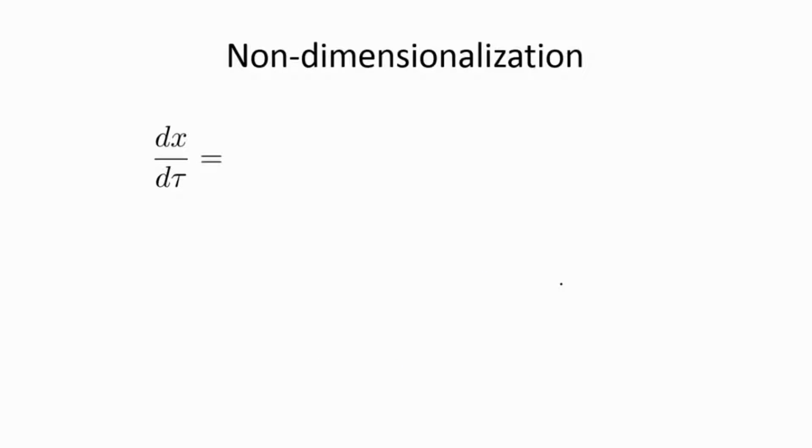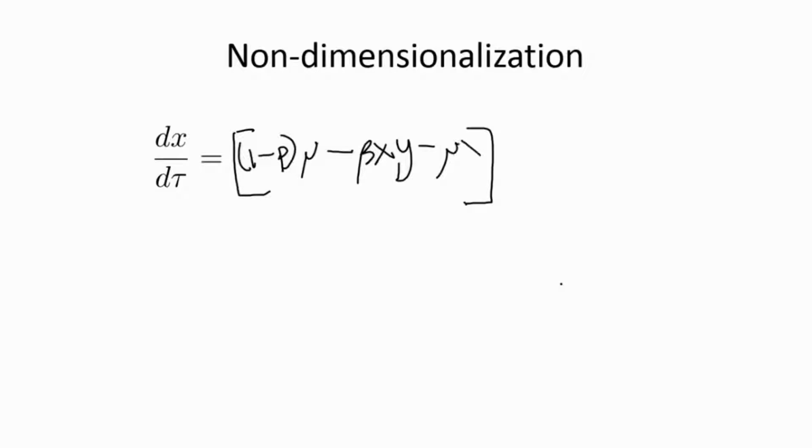Here we have dx/dt, which is (1 minus p) times mu minus beta times x times y minus mu x. Remember, this is nothing other than the derivative of x with respect to t.